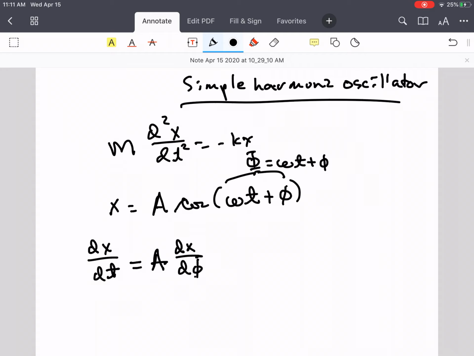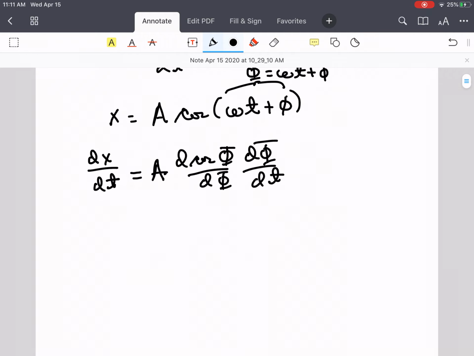So we'll do the chain rule. This is dx d capital phi times d capital phi dt. Let me rewrite this: the derivative of cosine phi with respect to phi, times the derivative of phi with respect to time.